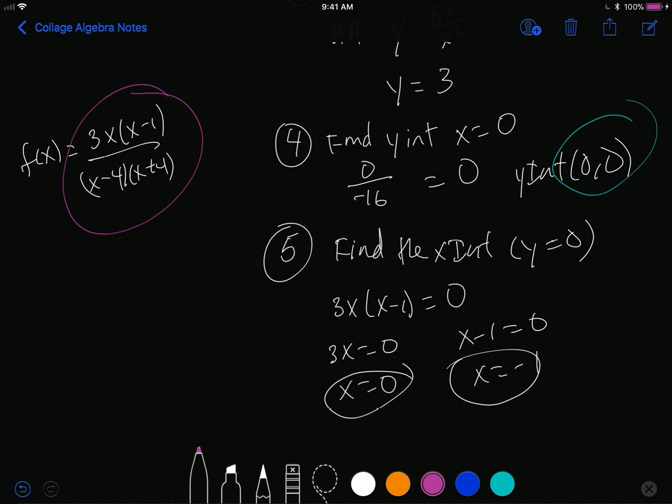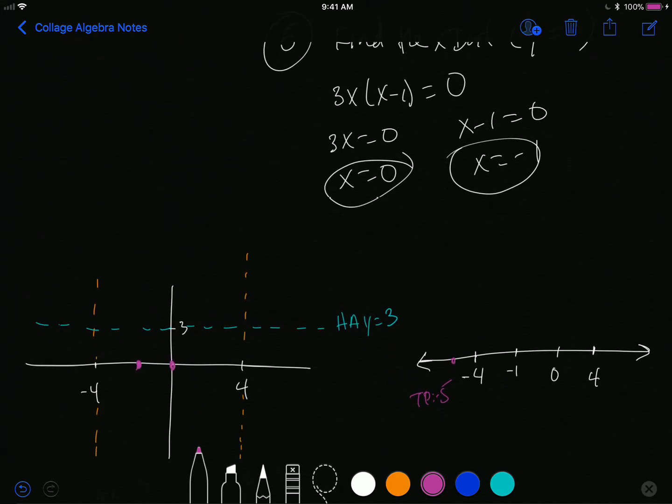And so 3 times negative 5 times negative 5 minus 1, divided by negative 5 minus 4 times negative 5 plus 4. And that gives us an answer of 10.